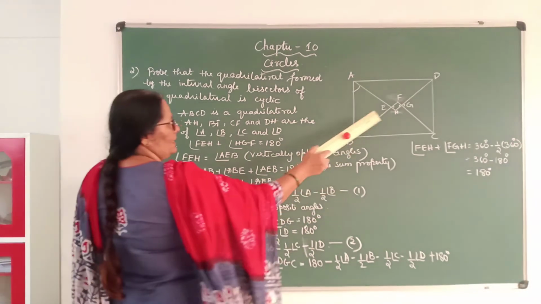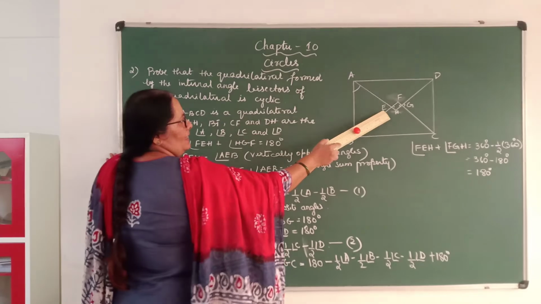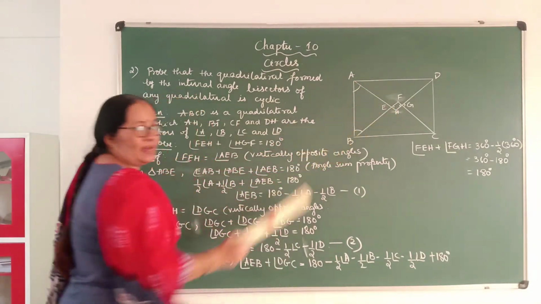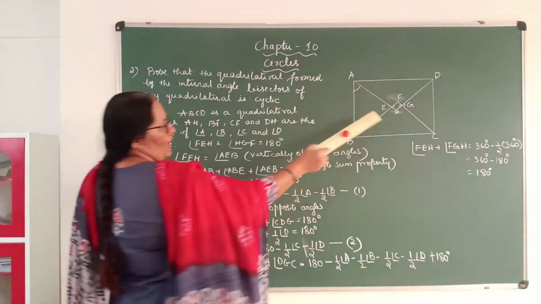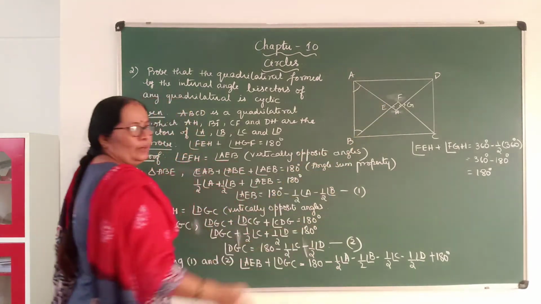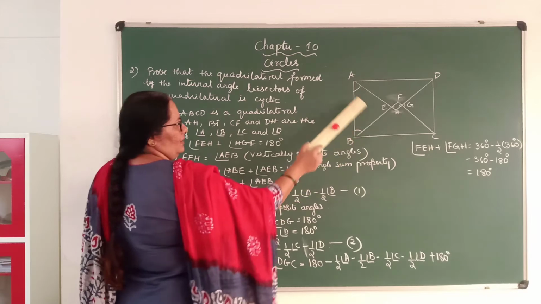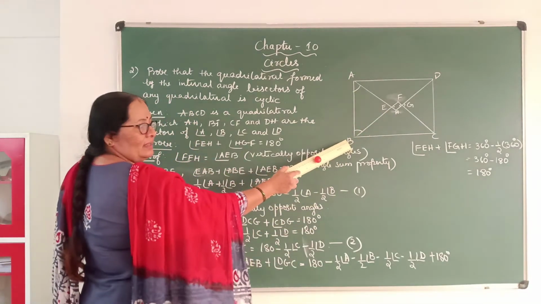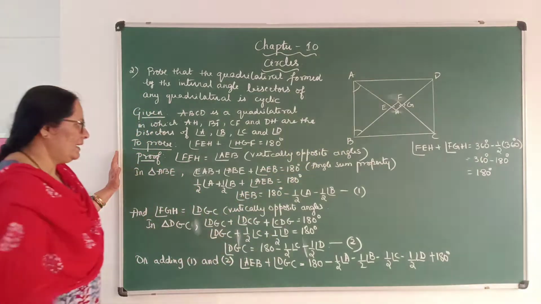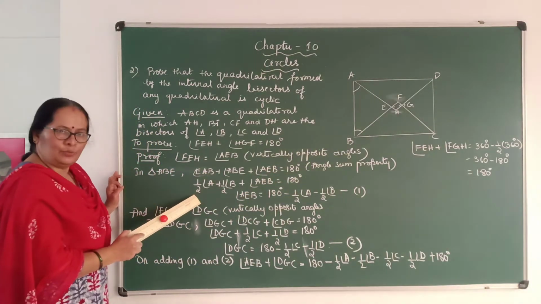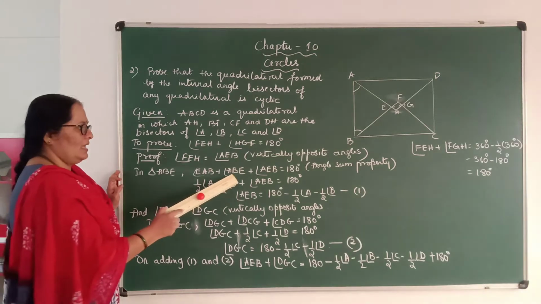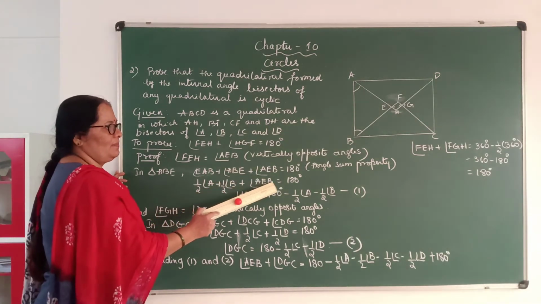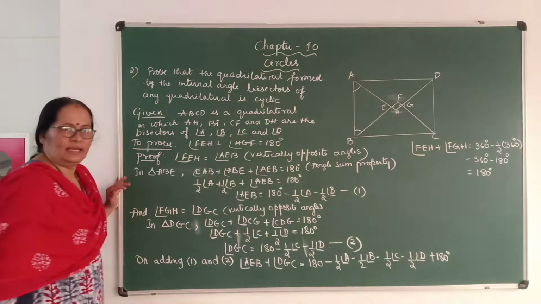Now, what is angle EAB? Angle EAB is half the angle of A because AH is the bisector. So that angle EAB is equal to half the angle of A, then ABE is equal to half the angle of B, right? So that you can write it as EAB equals half the angle of A plus ABE equals half the angle of B plus AEB equals 180 degree.